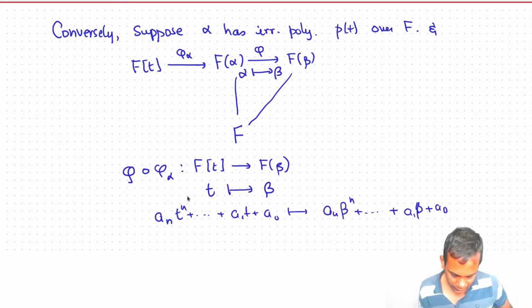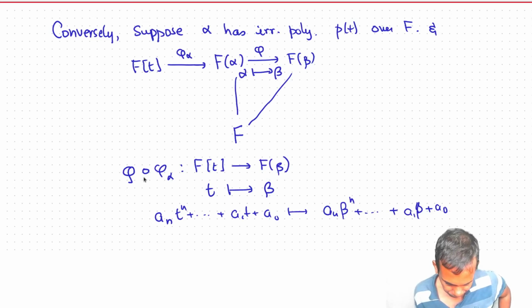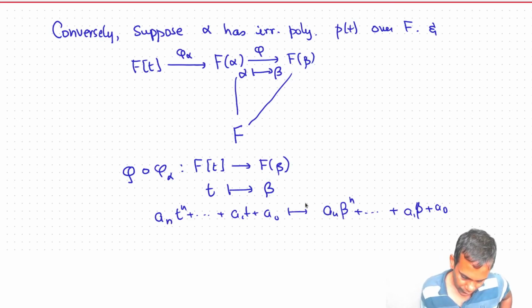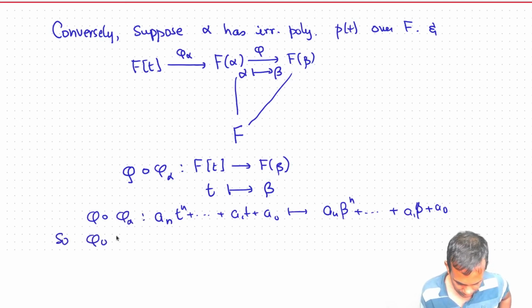So this gives rise to a map from F[t] to F(beta), but you recognize this as the map where you're substituting for each polynomial the variable t to be beta. So what we have is that phi circle phi alpha is just phi beta.